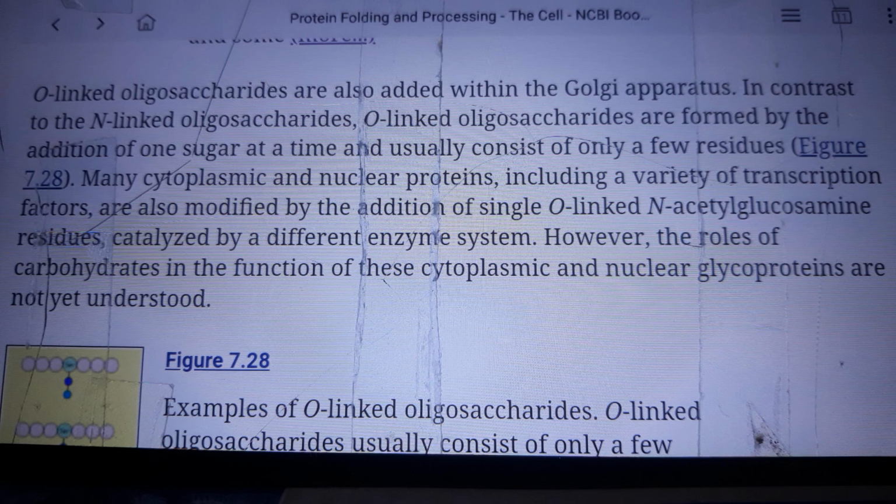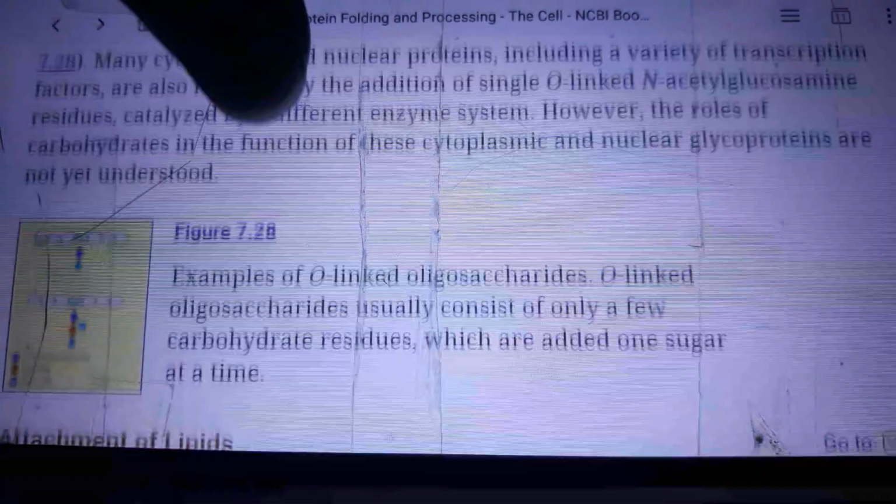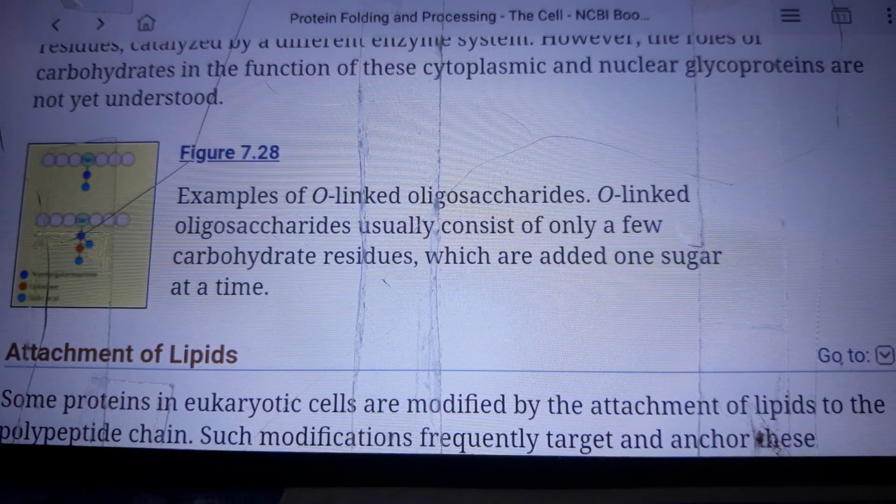Many cytoplasmic and nuclear proteins, including a variety of transcription factors, are also modified by the addition of single O-linked N-acetylglucosamine residues catalyzed by a different enzyme system. However, the roles of carbohydrates in the function of these cytoplasmic and nuclear glycoproteins are not yet understood.